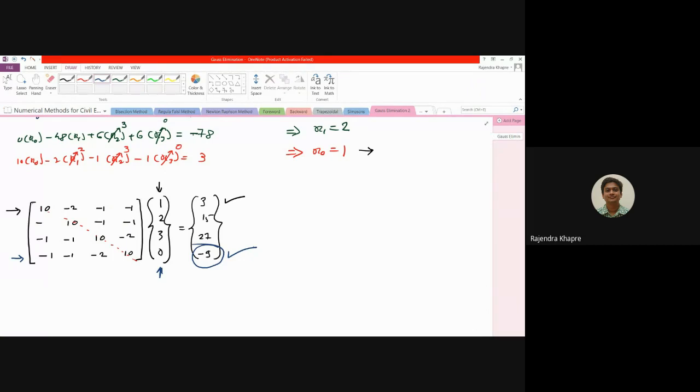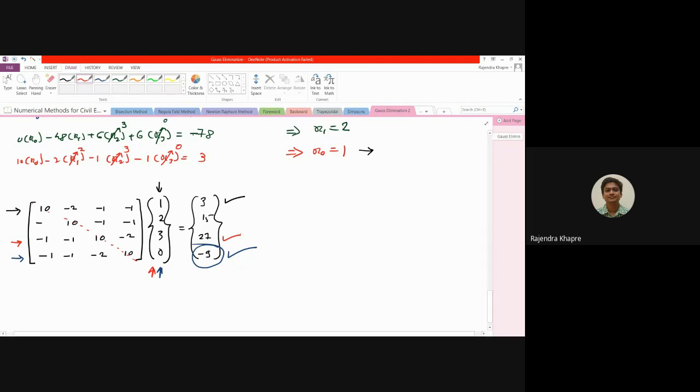Okay, still if you want, you can again cross check this with the multiplication of this row with this particular column, and you should get -23. Are you getting it?